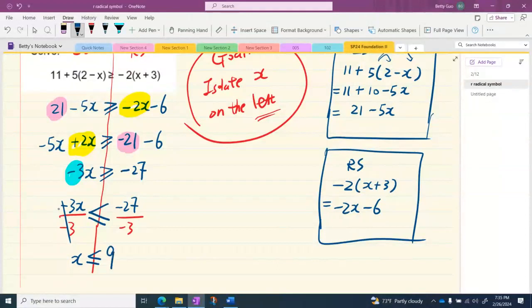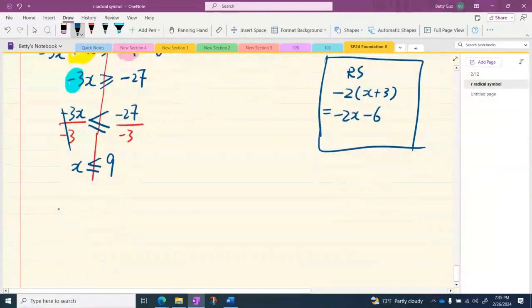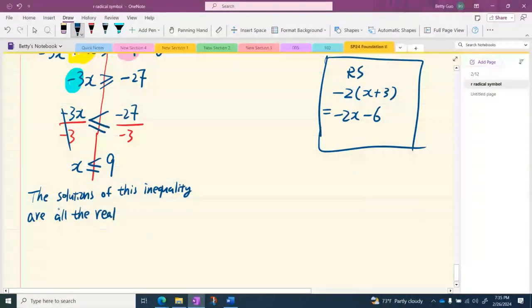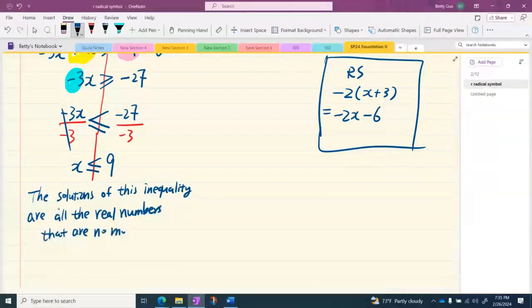So the solutions are, let me write it down, okay? The solutions of this inequality are all the real numbers that are no more than 9.